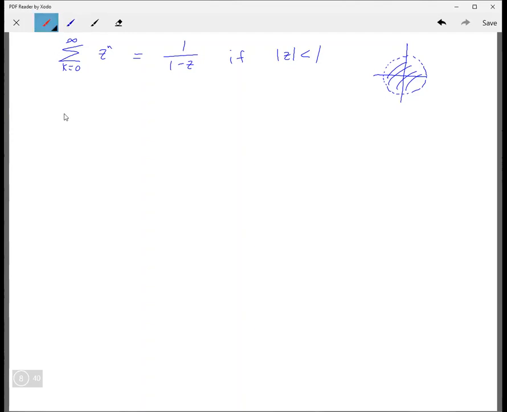Now, also along these lines, I guess I should have made those Ks.